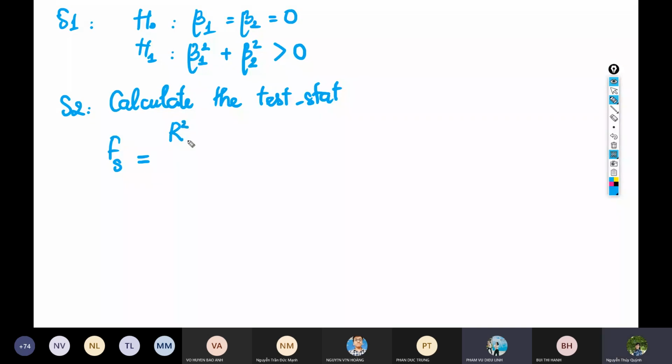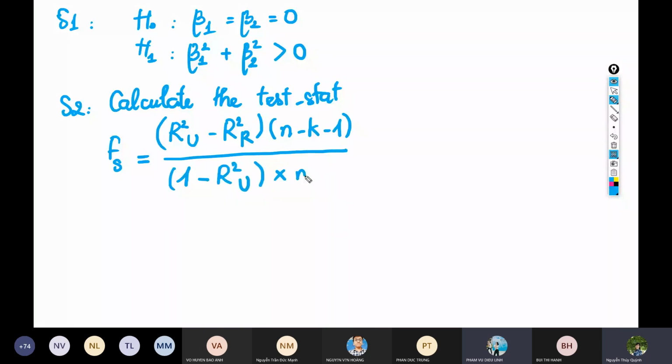We have to use the formula to calculate the observed value of F. We write R square of the unrestricted model minus R square of the restricted model, multiplied by n minus k minus 1, divided by 1 minus R square of the unrestricted model, multiplied by m. And just plug in the numbers.